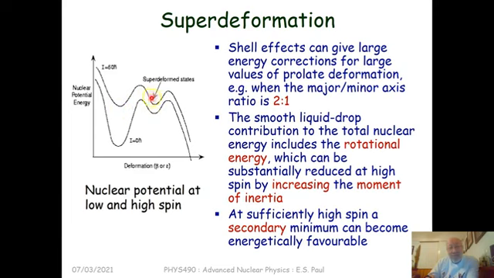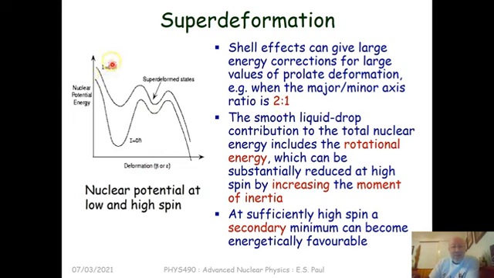And so if we can form the nucleus in this state here, with very high spin, it may get trapped within this secondary minimum. And so this minimum here has a much bigger deformation, and that is the super deformed shape.